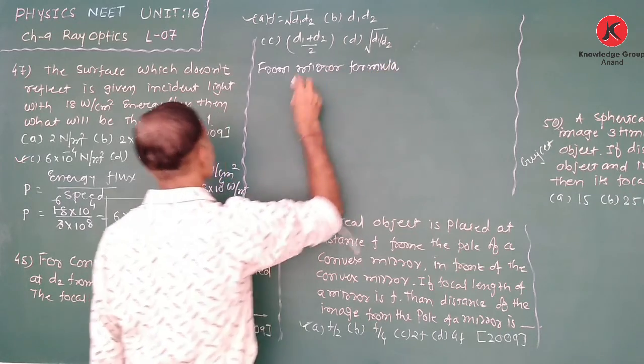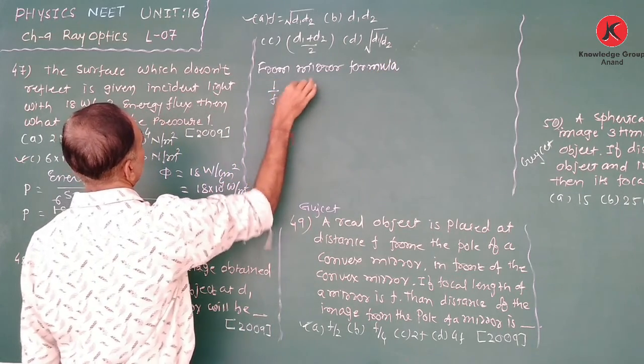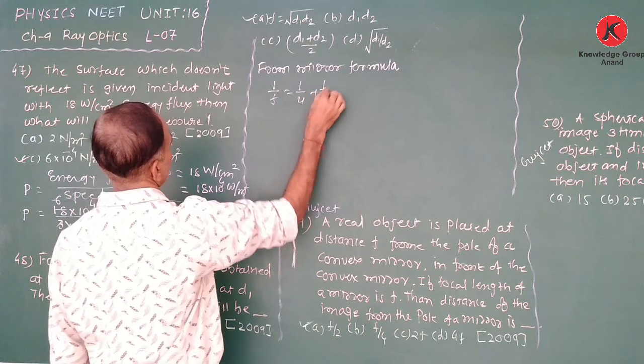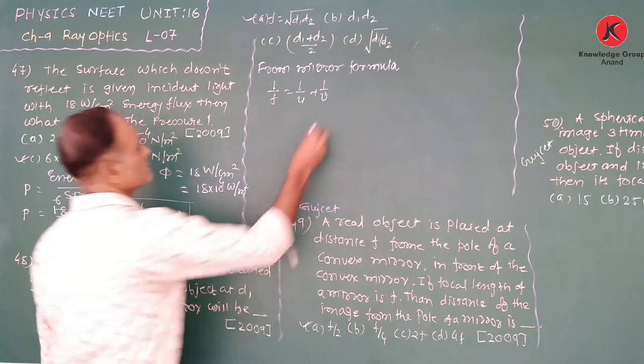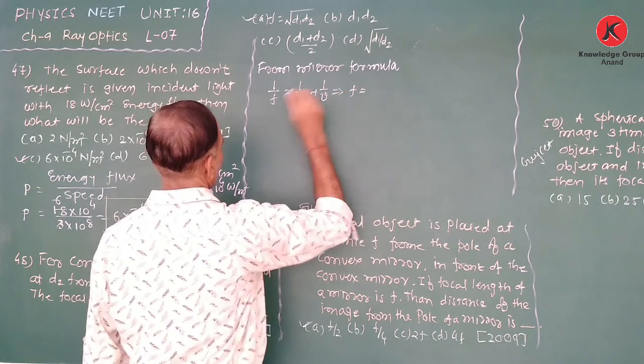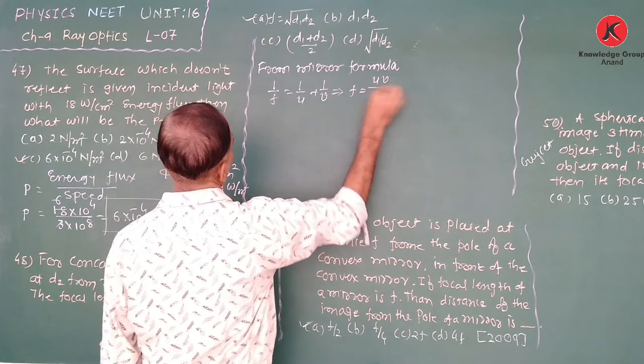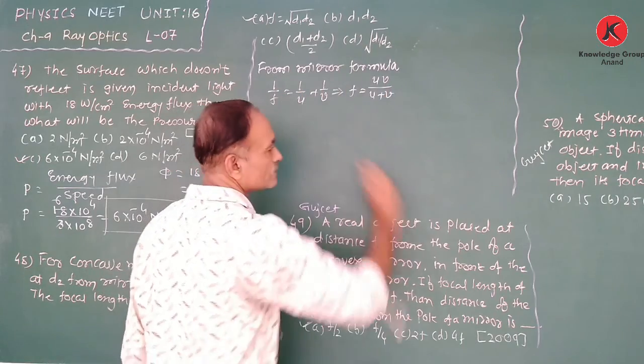Mirror formula is 1 upon f is equal to 1 upon u plus 1 upon v. Now, as we simplify it, we obtain f is equal to uv upon u plus v.